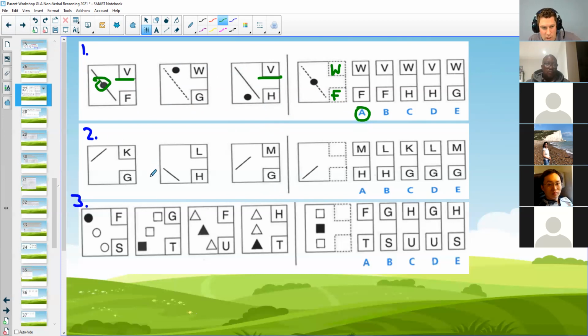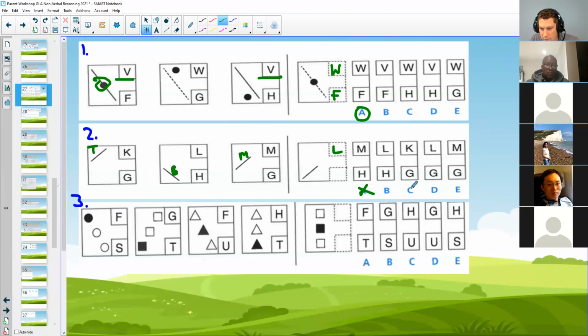Going down to number 2, we've got K, L and M. They're all different. Why are they all different? Well, the lines are in different positions. If we treat this as being at the top, this as being at the bottom, and this one being in the middle, we need it at the bottom. So we're going to have an L first of all.